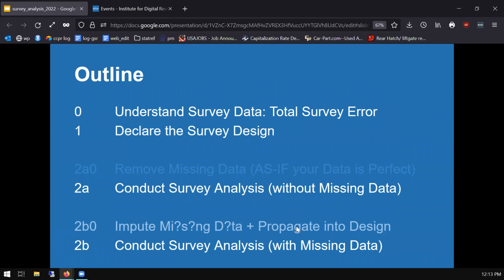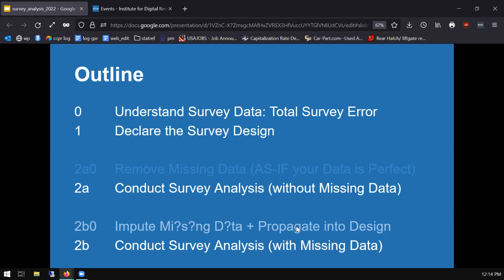I mentioned that whether you want to code in R or Stata, the most important thing is to keep the central important aspects of survey analysis in the back of your head. That helps you navigate the different steps, and that's how I'm outlining this workshop. Total survey error is an idea that Robert Groves conceptualized, and that serves as a backbone to everything.